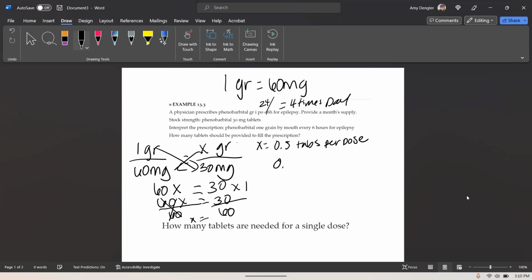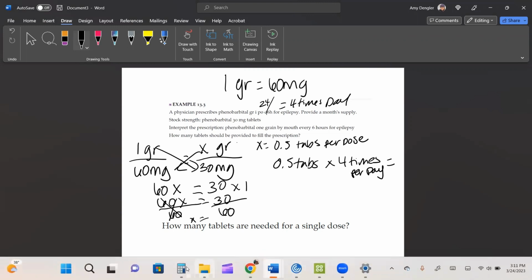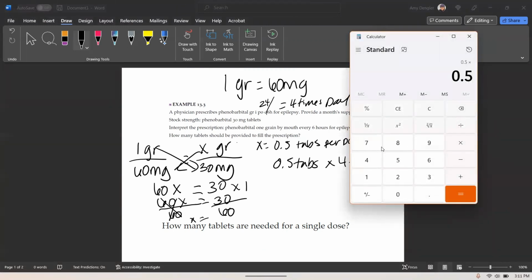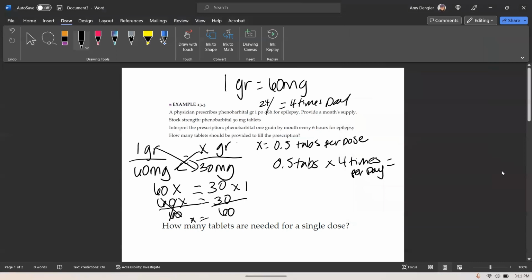So they're taking 0.5 tabs 4 times per day. Now in our calculator, we can just do 0.5 times 4. And that means that they are taking 2 tabs per day.